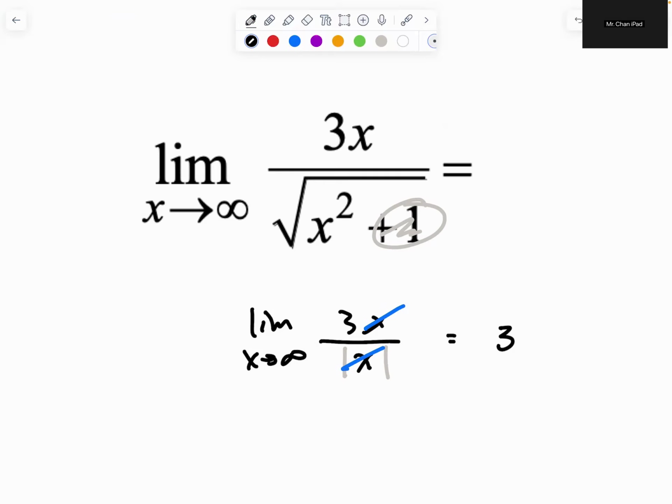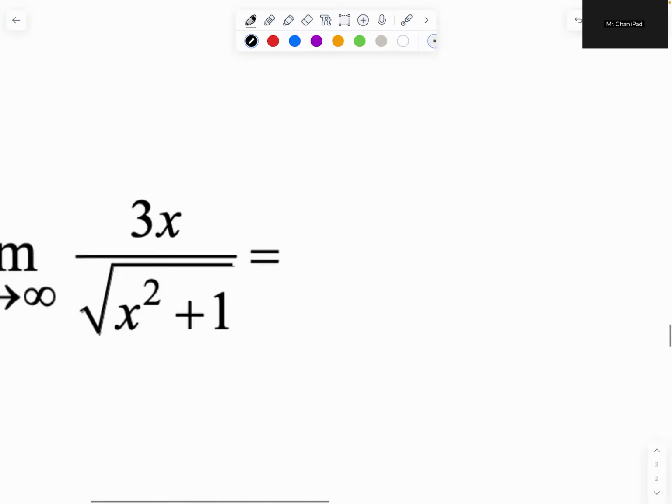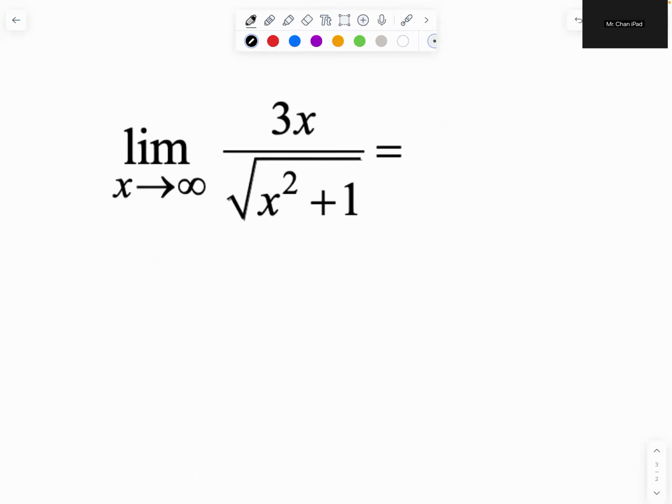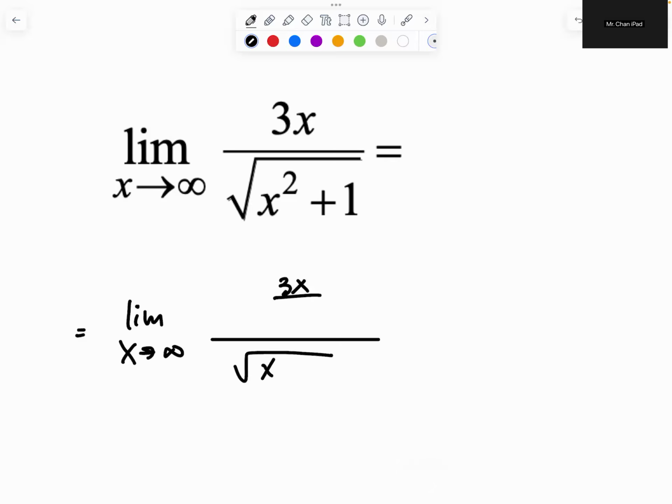We good? Now, how about the algebraic way? The question would be, do we divide by x or x squared? Because I said that we will divide by the greatest power, right? What do you think?